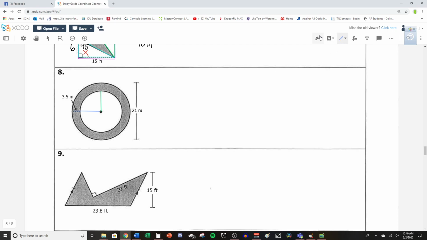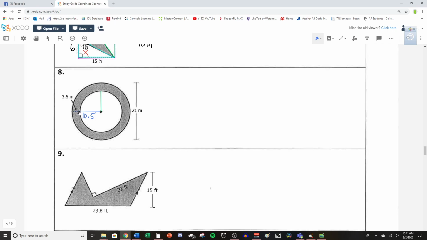So to do that, this radius here, or this blue one here, should be half of this 21, because this 21 is actually the whole diameter of this. If I move this line over, half of that 21 should be my radius. So half of 21 is 10.5. Okay.